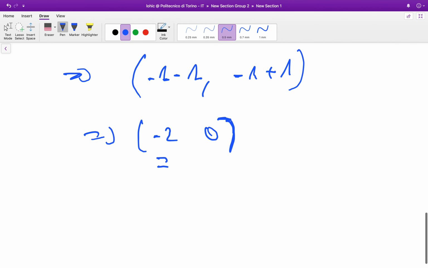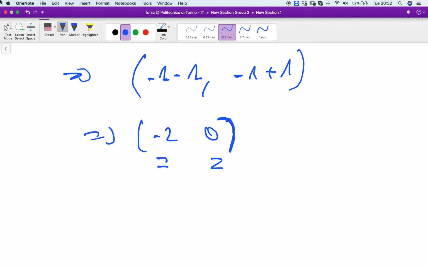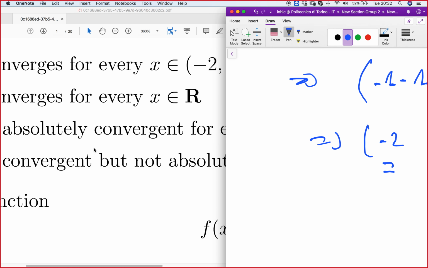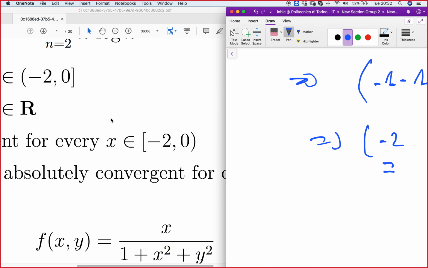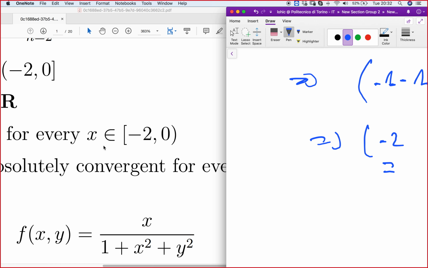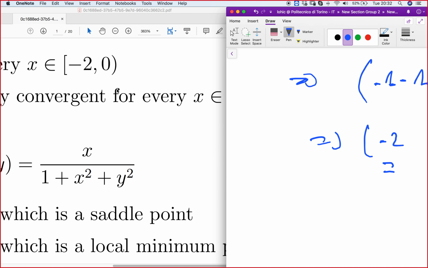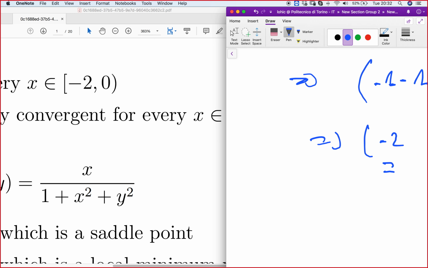Now we need to check it when x equals -2 and x equals 0. First let's look at the answers and see if there is any answer saying that the series converges here. So converges for every x in the interval... No. Here they didn't take -2 and they take 0. Yes or not? So we need to check.